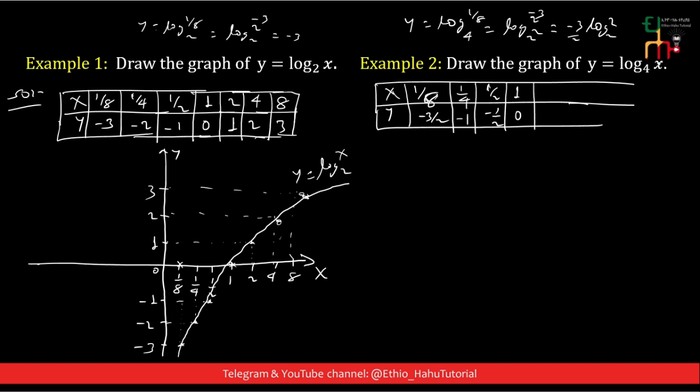When x is equal to 2, y is 1 over 2. When x is equal to 4, y is 1. Logarithm of 4 to the base 4, that's 1. And when x is equal to 8, logarithm of 2 to the power of 3 to the base 2 to the power of 2, which is equal to 3 over 2.